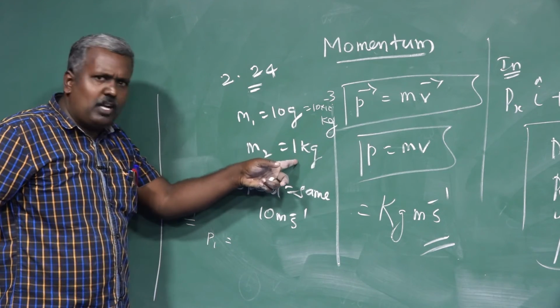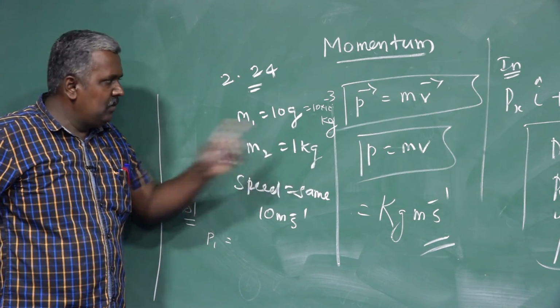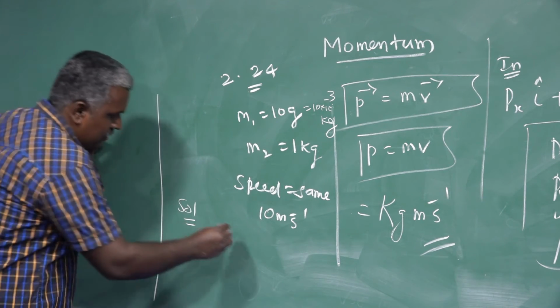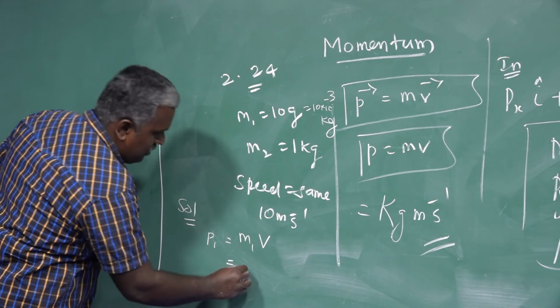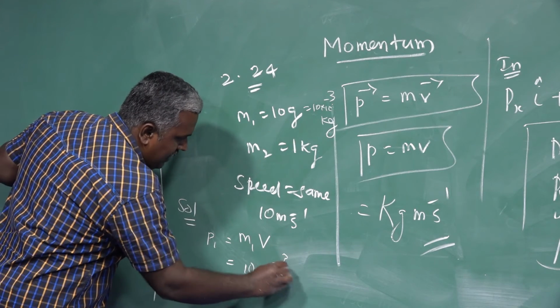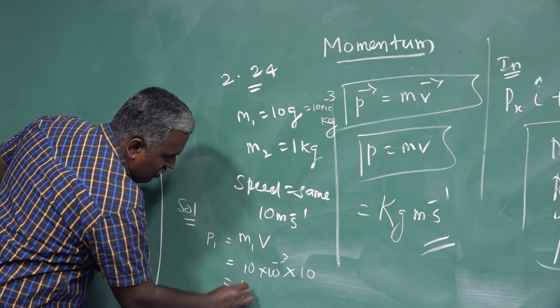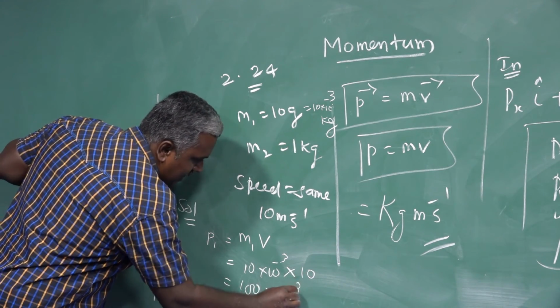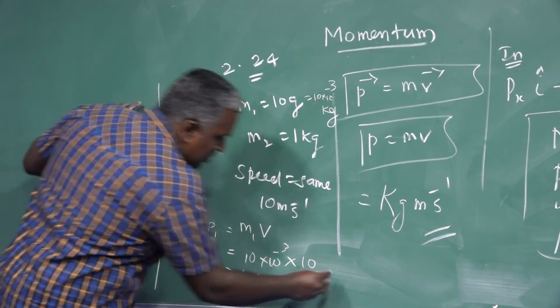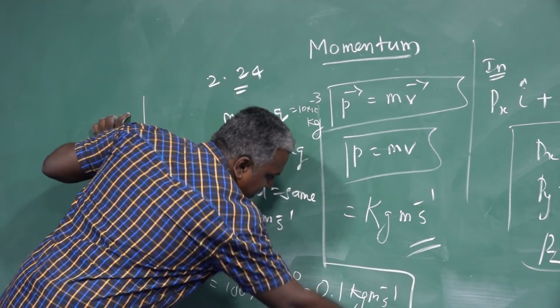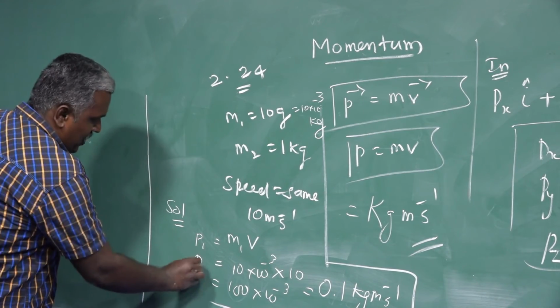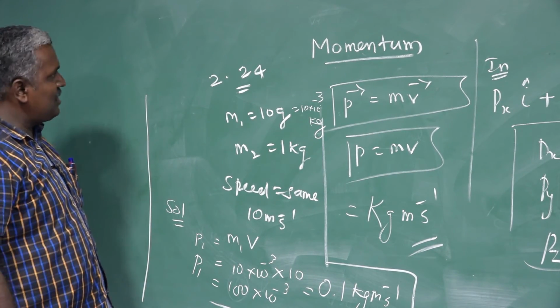Here M2 is directly given in kilogram, no need for conversion. So P1 is M1 V because V is the same. M1 is 10 into 10 power minus 3, into 10. So 100 into 10 power minus 3, which is 0.1 kilogram meter per second. This is P1.